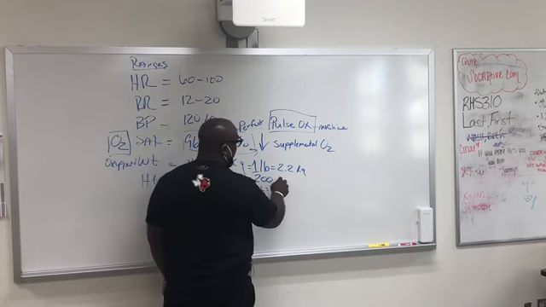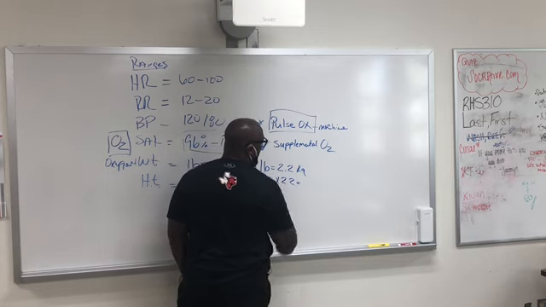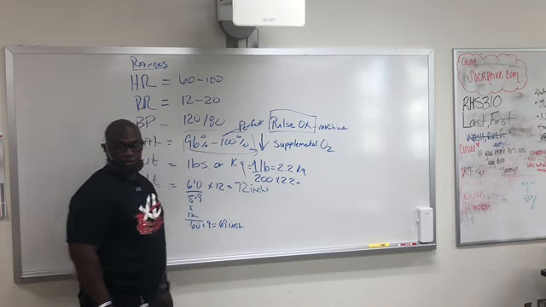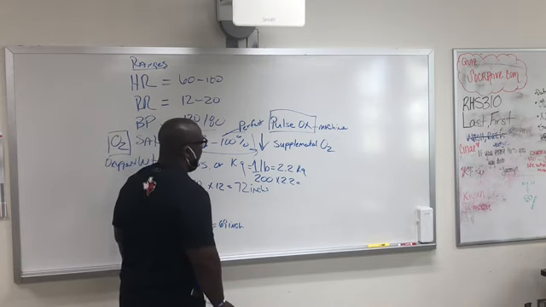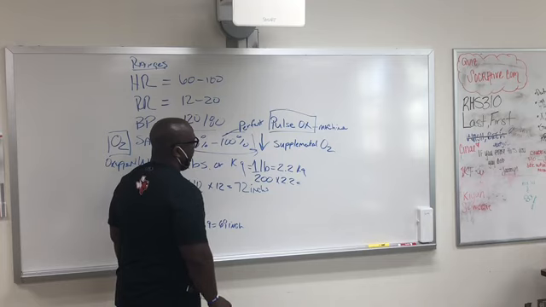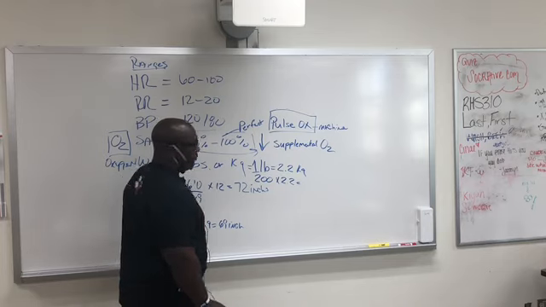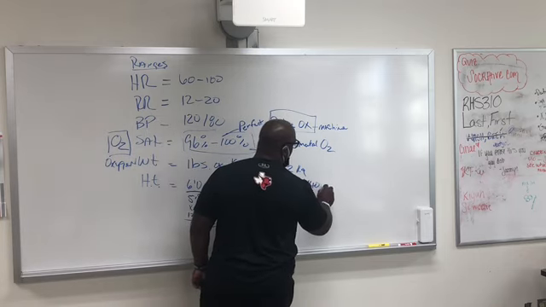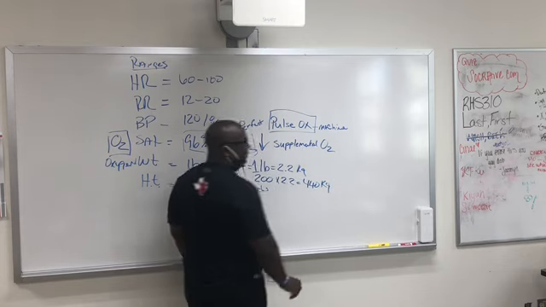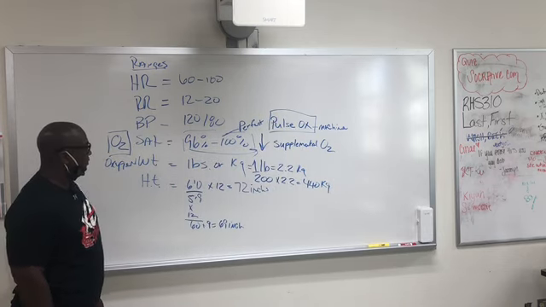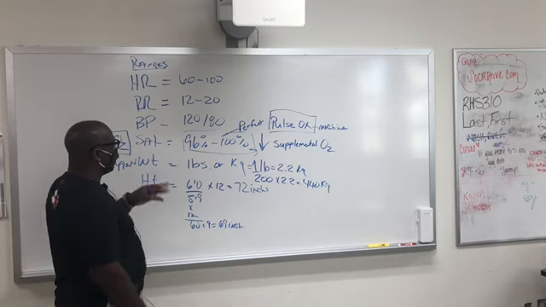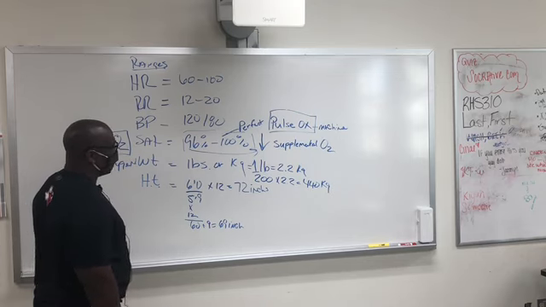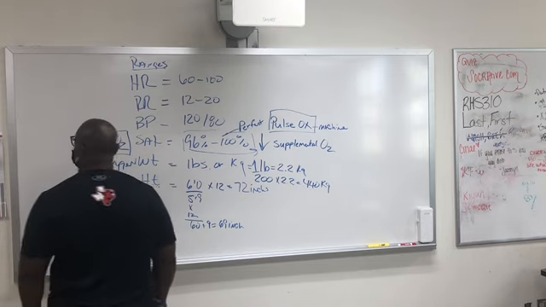But I'm going forwards, so you're going to multiply by 2.2. What does 2.2 times 200 give me? 440 kilograms. Not to be confused with 440 pounds. 200 times 2.2 is 440 kilograms.